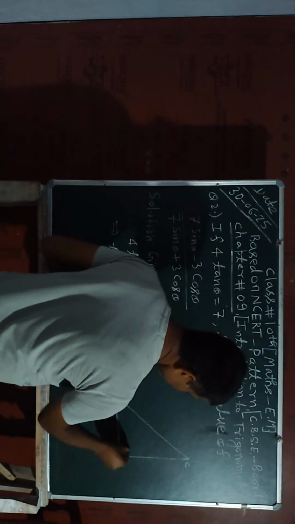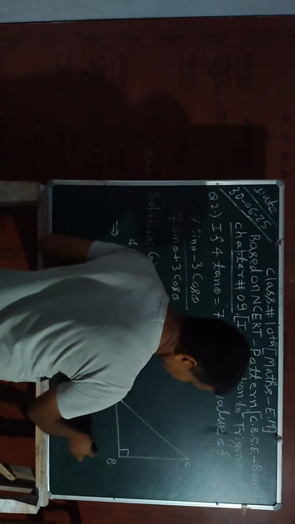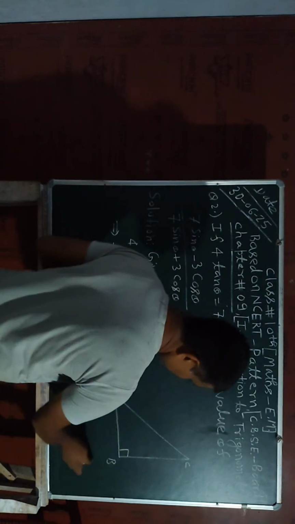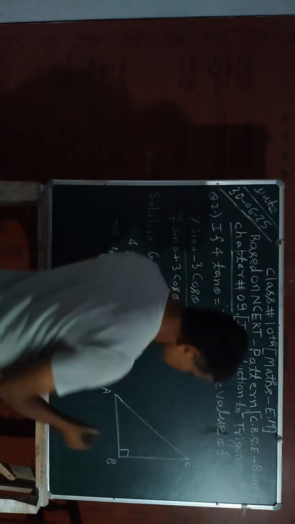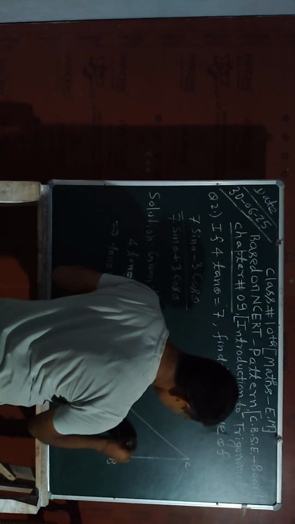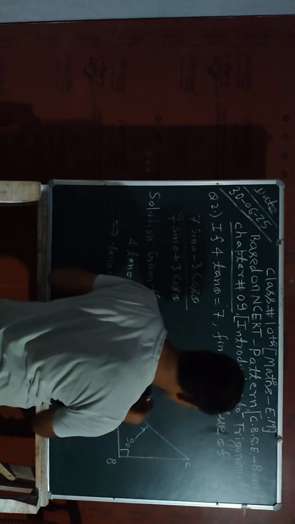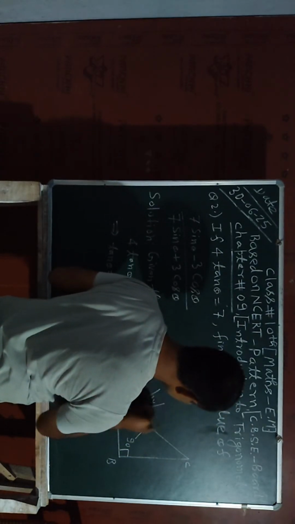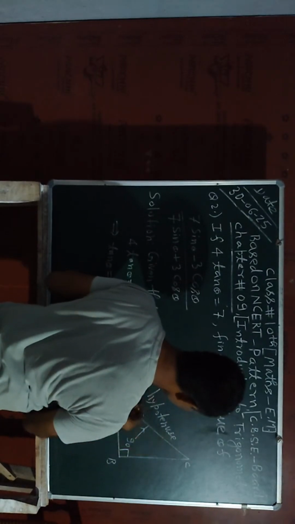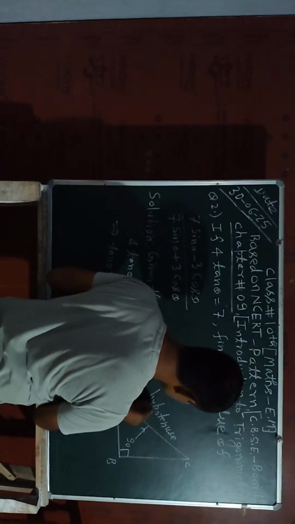Now this AB line is perpendicular to BC, so here I will say this is the 90 degree. Opposite the 90 degree I will say hypotenuse, and this hypotenuse is starting from here.